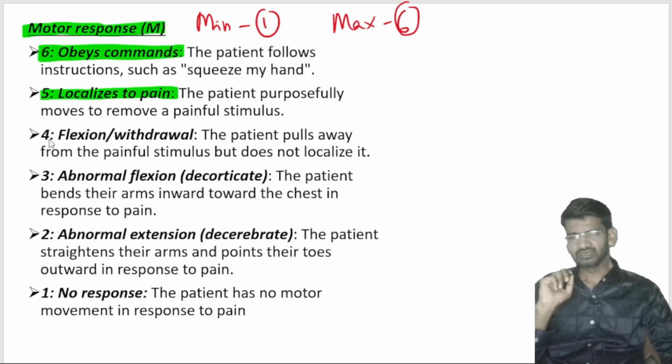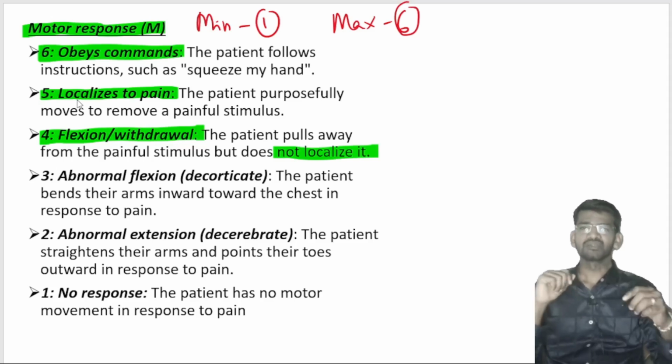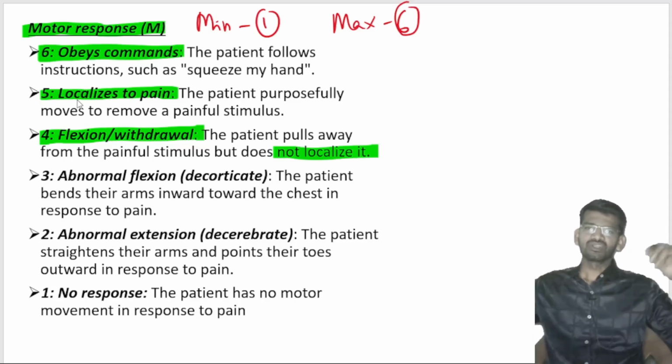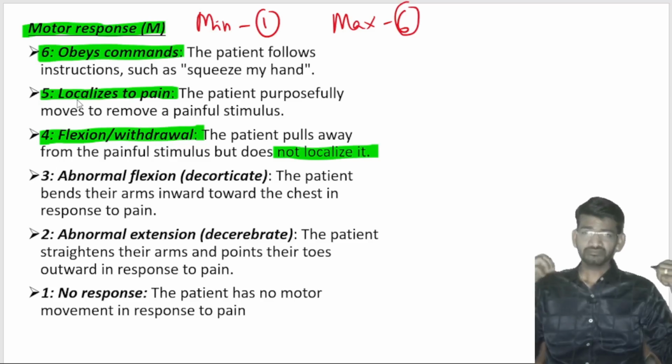Then a score of 4 will be given for flexion or withdrawal. Here, the patient does not localize the pain. Instead, when you make the painful stimuli, he will either withdraw, or make flexion of the hands or the extremities.